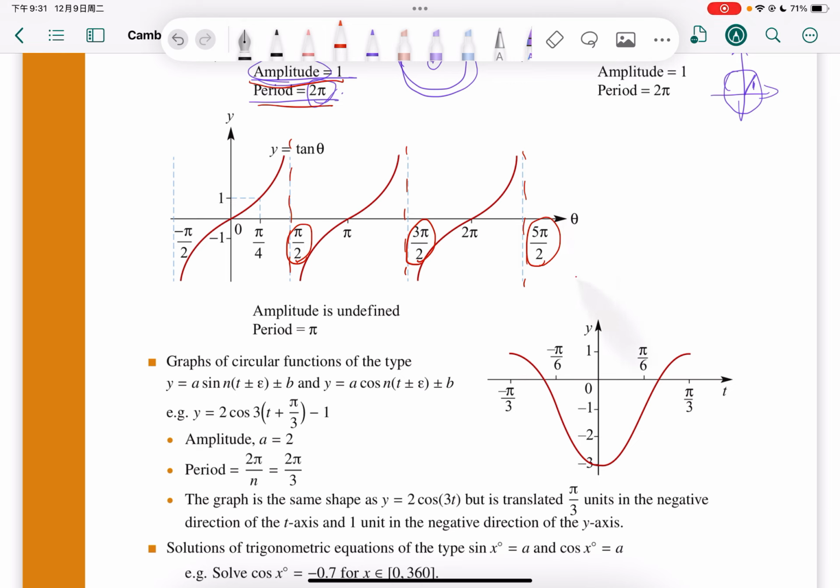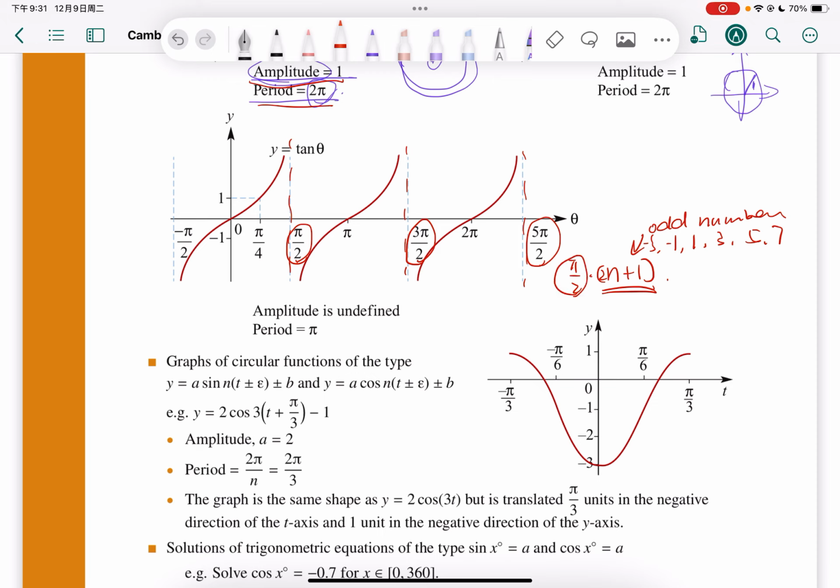So you can actually write it as: the 2n plus 1 represents an odd number, which is just like 1, 3, 5, 7, or if you have -1, -3, and so on. And you multiply by pi divided by 2.